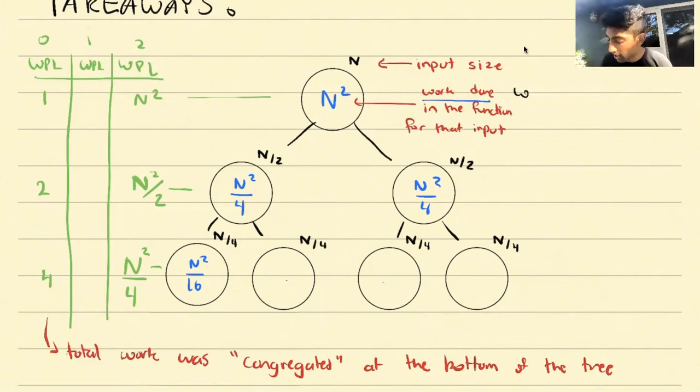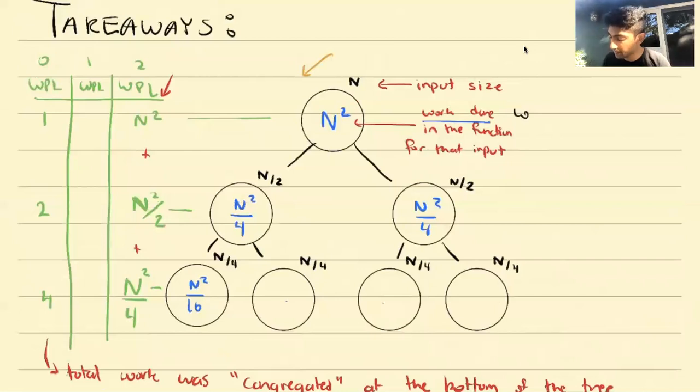Okay, now I'm going to jump to the last example where we had this following sum. And the opposite thing kind of happens here is where the total amount of work is kind of congregated at the top of the tree. Okay, so in this example, what you guys will notice is that the total work is congregated at the top node.